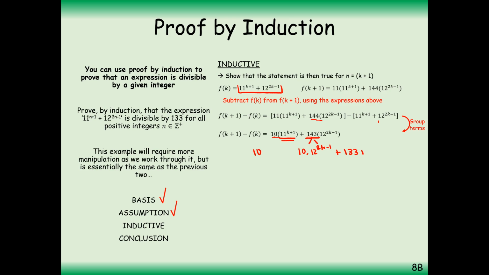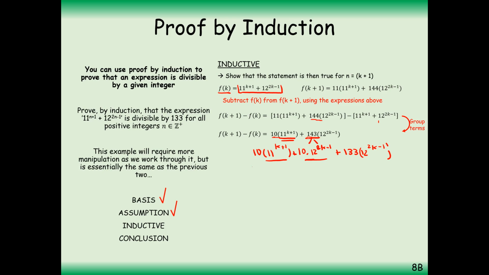Let me put the 12 to the power of 2k minus 1 here in a bracket. So what you notice is that, let me write this so it makes more obvious sense, this term here and this term here are what I've underlined on the very first line, the f of k.